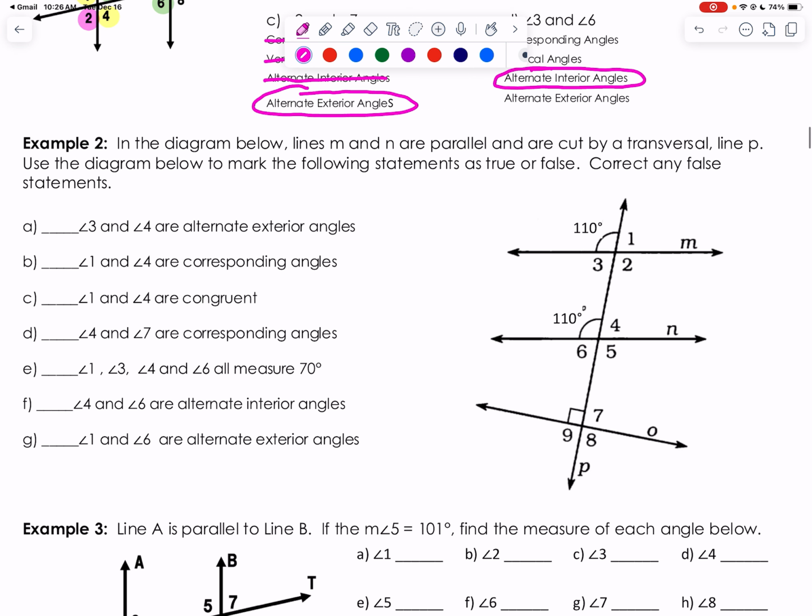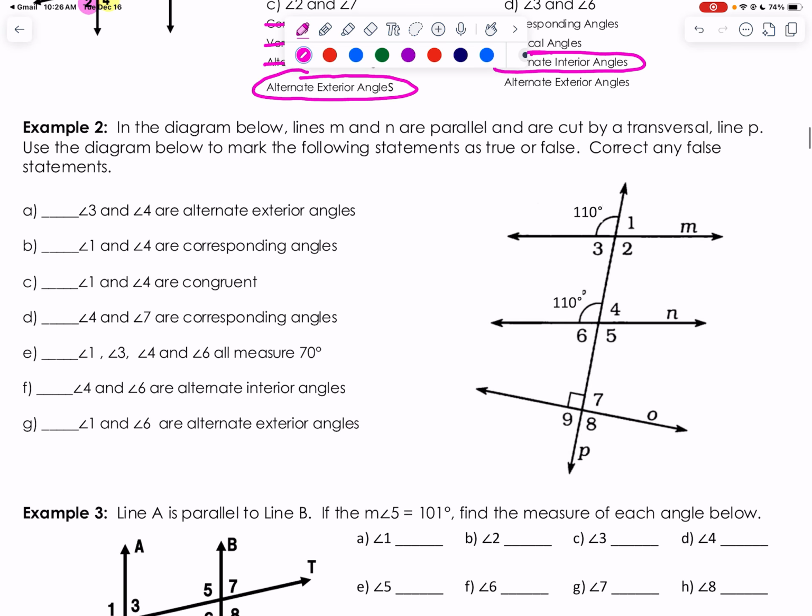Example 2. In the diagram below, lines M and N are parallel and they are cut by a transversal line P. Use the diagram below to mark the following statements as true or false. Correct any false statements. All right, let's start. Are angle 3 and 4 alternate exterior angles? Well, here's angle 3.